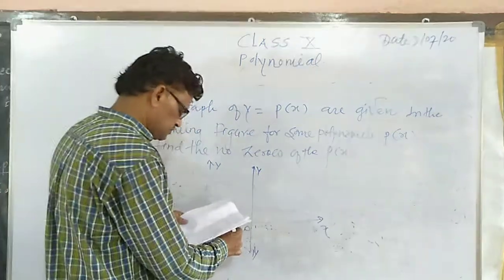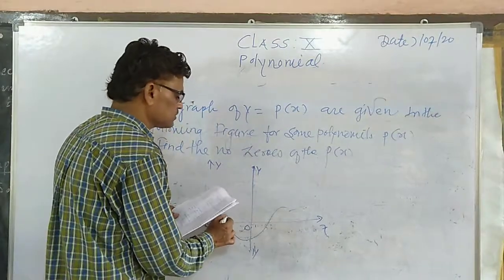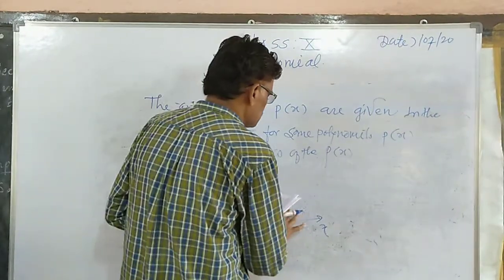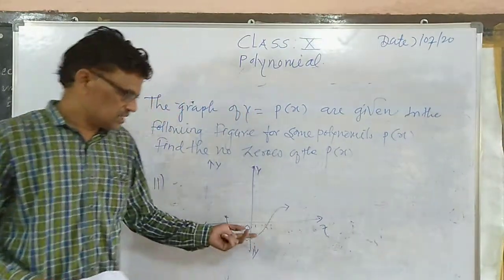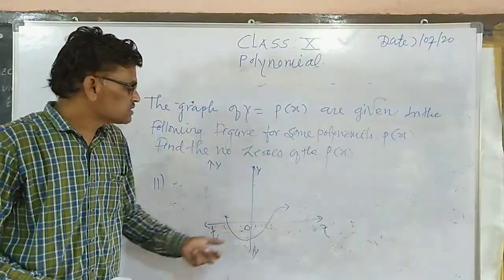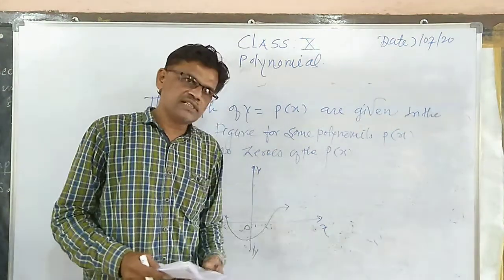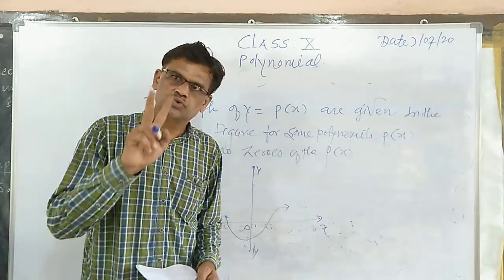Dear students, in this case, you see the line of the polynomial is intersecting the x-axis at 2 points.